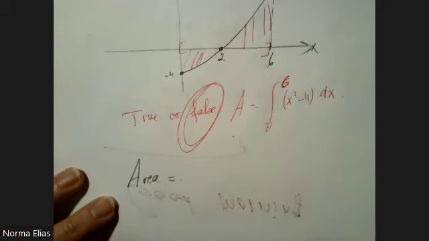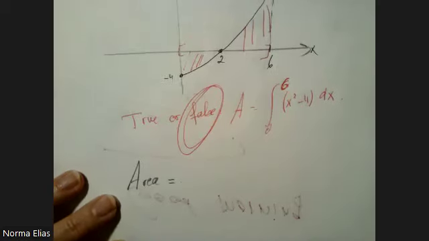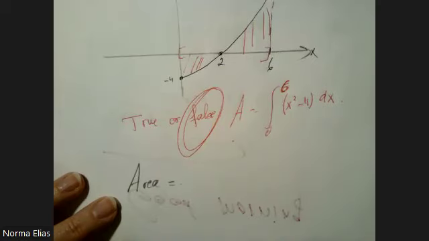So how would you find the area of this region? Anybody, please speak up. 0 minus, Aaron, 0 minus, that's half of the story. Be more precise. This is from where to where?